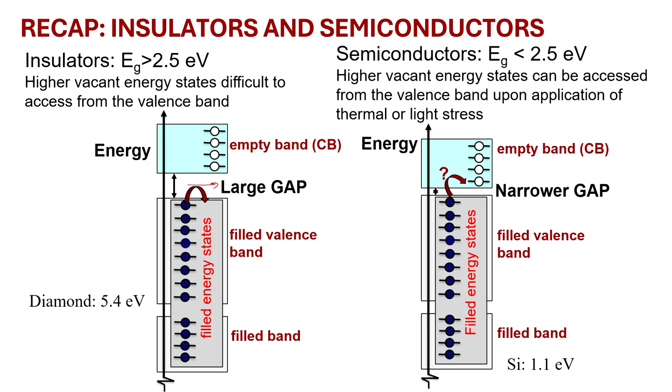A prime example of an insulator would be diamond, or even polymers and many ceramic materials which have a high band gap. Diamond has 5.4 electron volts, which is indeed very high, but many other ceramics also have very large band gaps. Silicon, on the other hand, which is a semiconductor, has a moderate band gap, 1.1 electron volt, and most of the semiconductors that we look at for photovoltaic applications tend to show a gap of approximately 1 to 1.5 electron volt, a few points here and there.